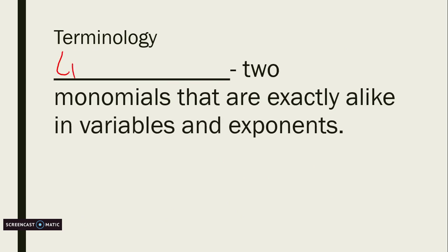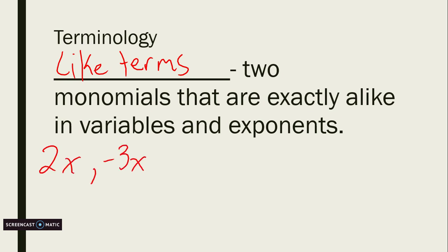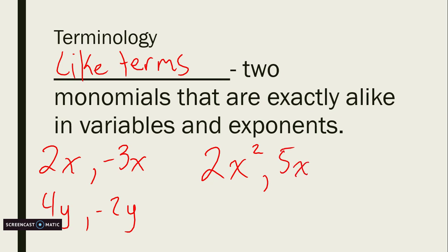Like terms. We're familiar with the term like terms. We're used to looking at like 2x and negative 3x and saying those are like terms, or 4y and negative 2y. Those are like terms because they have the same variable. This is talking about the same variable and the same exponent. So 2x squared and 5x squared are like terms.